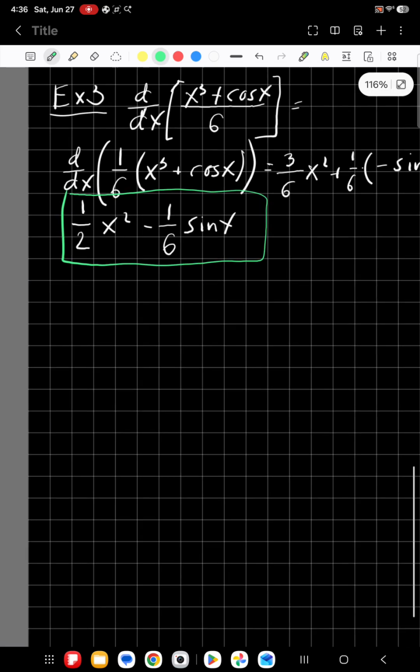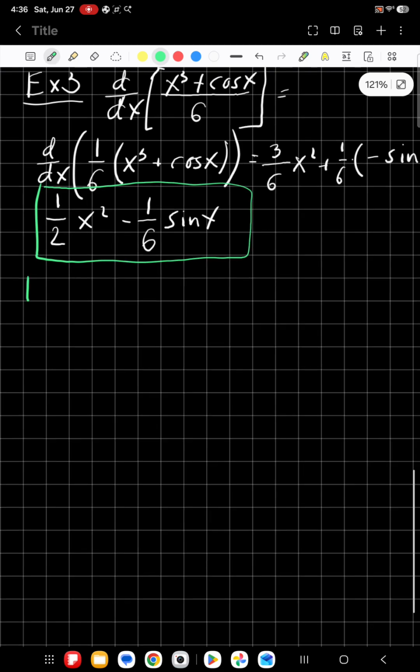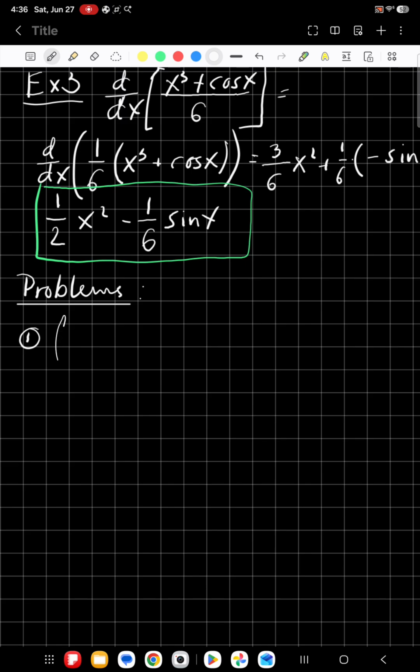Here are a couple of problems for you to practice. You are just taking derivatives of all of those functions. The first one is x cubed times cosine x.